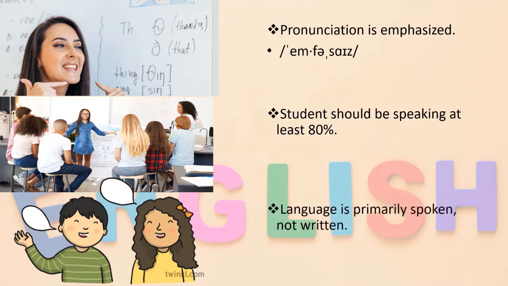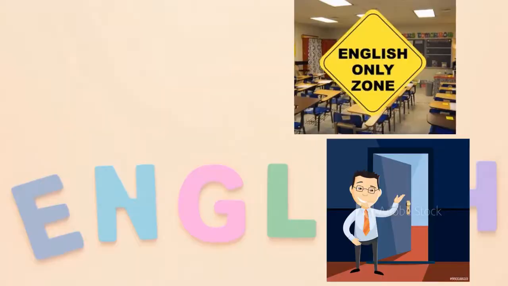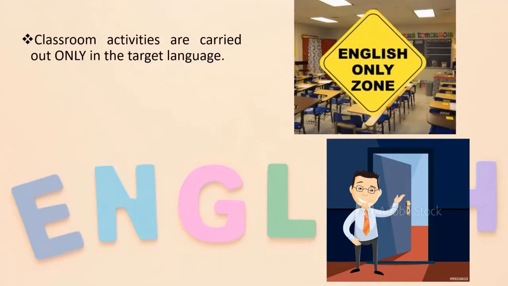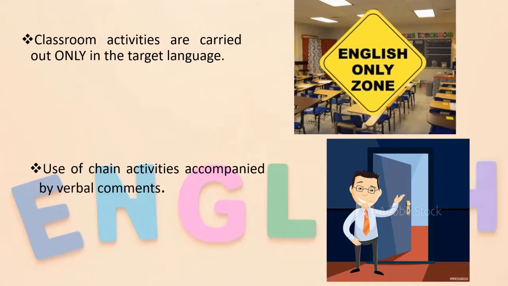Language is primarily spoken, not written. Classroom activities are carried out only in the target language. Chain activities are used, accompanied by verbal comments like "I go to the door, I open the door, I close the door, I return to my place, I sit down," and so on.